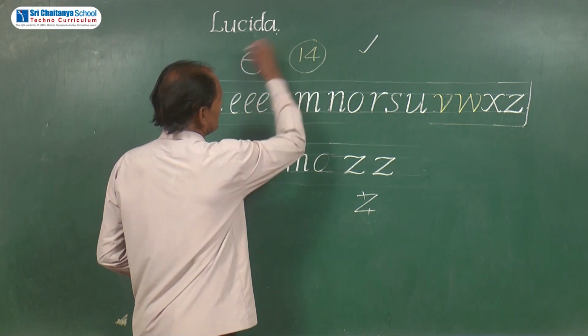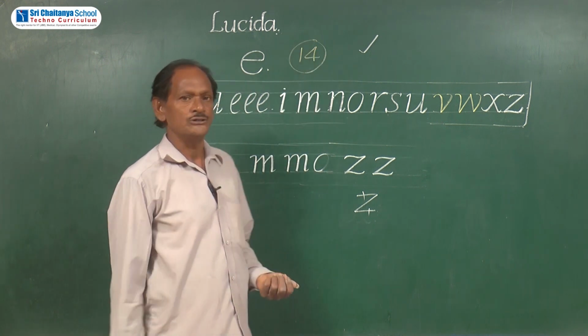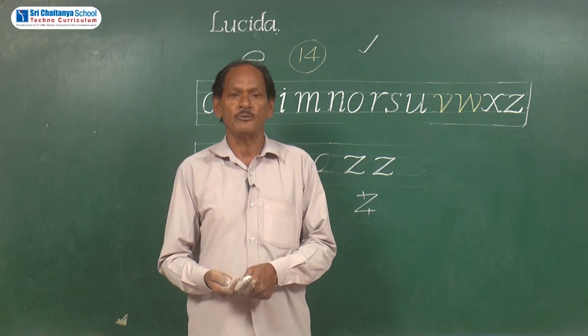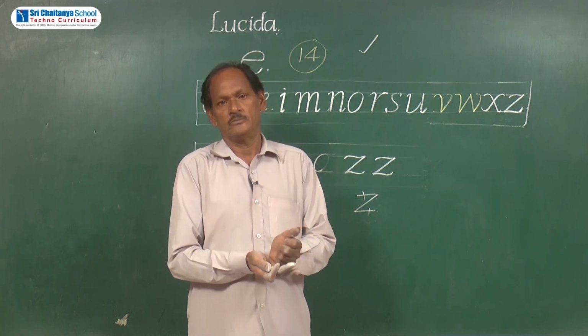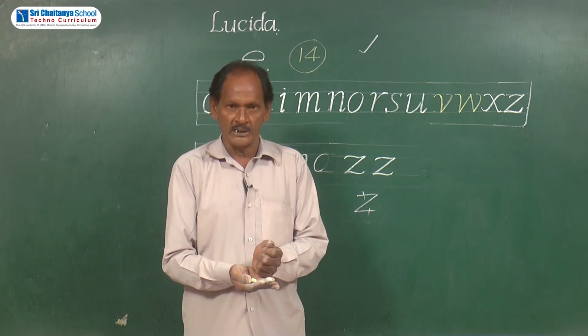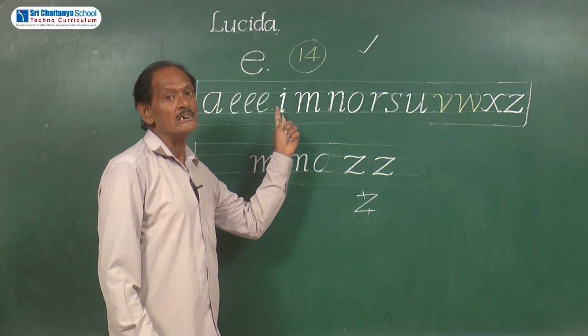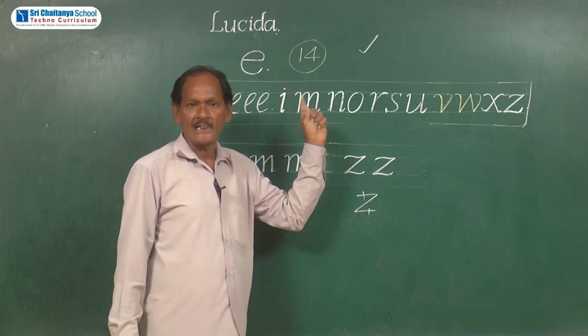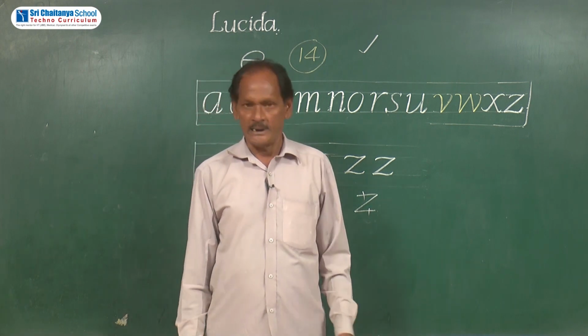So, this middle zone is a very, very important zone. It means 14 letters means more than 50% of English alphabet. More than 50% of English alphabet fall in this middle zone. That is why this is the important zone, and it is also known as the heart of handwriting.